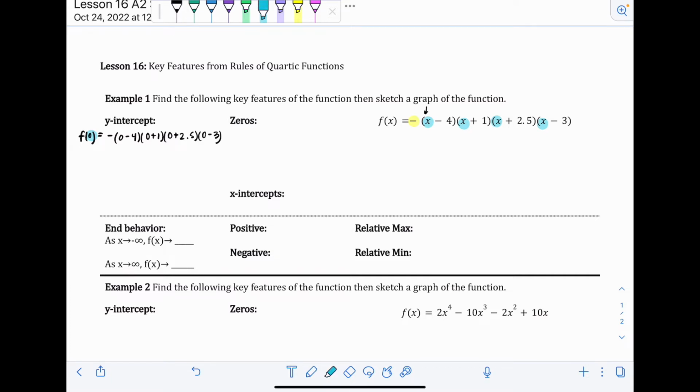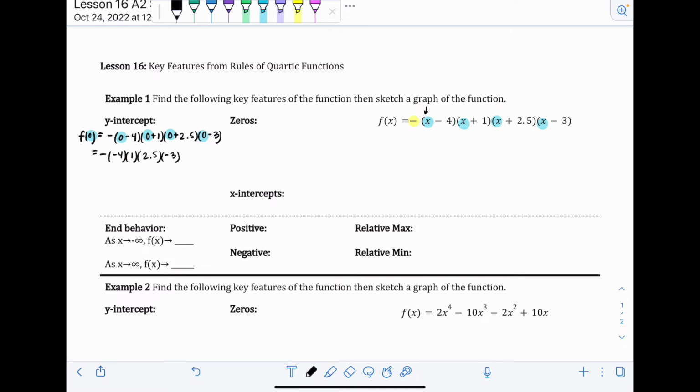So I took the 0 and replaced all of my x's with 0, and now I just have to simplify, and that will give me my y-intercept. So the negative out in front, and then 0 minus 4 is negative 4, 0 plus 1 is 1, 0 plus 2.5 is 2.5, and 0 minus 3 is negative 3. And then now we can just go ahead and multiply them all together.